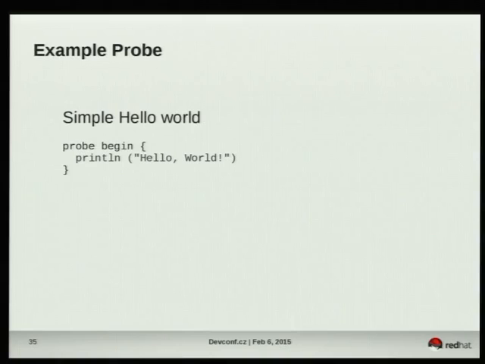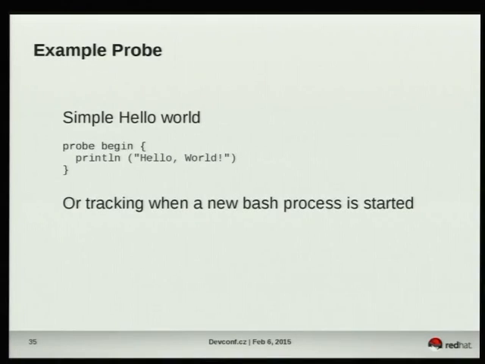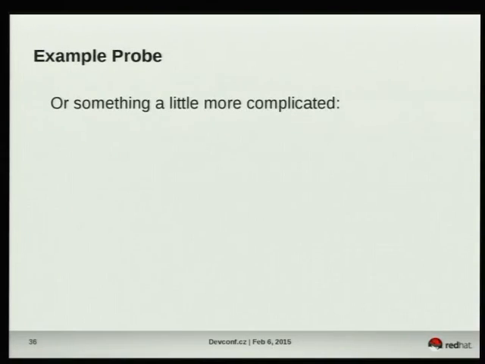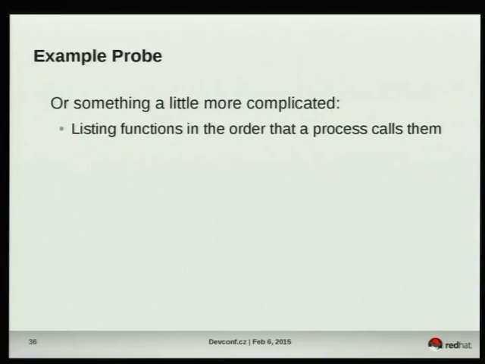Right, so when we want this to be hit, what do we do? You can do something like tracking a new bash process. So the predicate would be when the process bash hits function main, I just want to print out hello, bash has started.